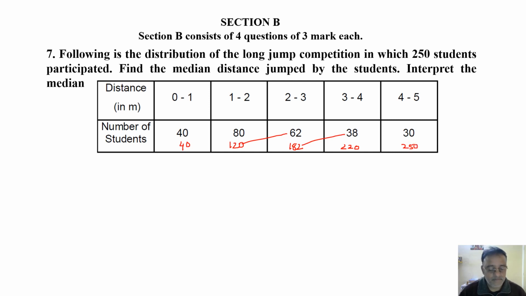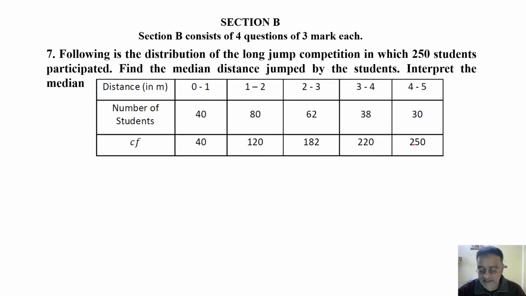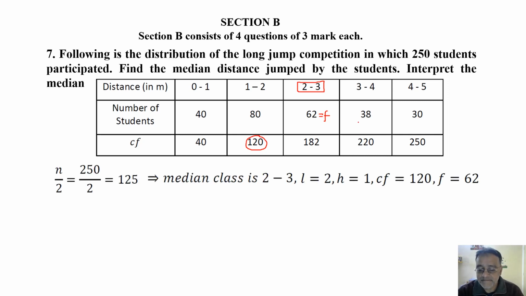Now 250 divided by 2 is 125. Which class CF is just smaller than 125? 120. Right. So the class after that is the median class, that means 2 to 3, and this is F. So the median class is 2 to 3, and L is 2, F is 62, CF is 120 and H is 1. Okay, this is understood.